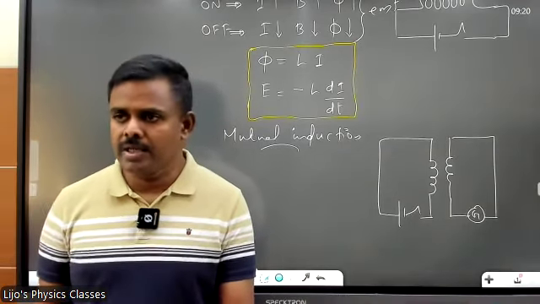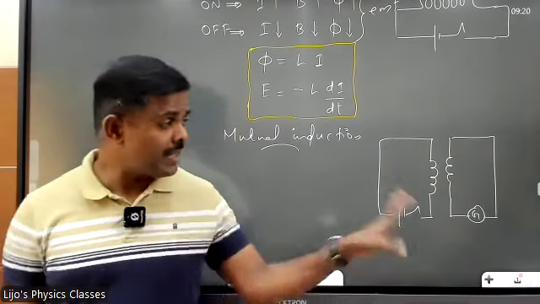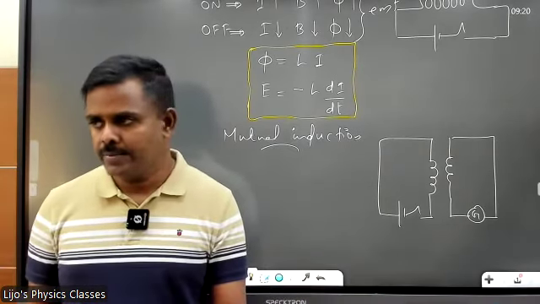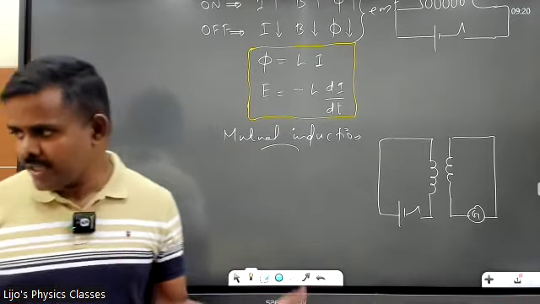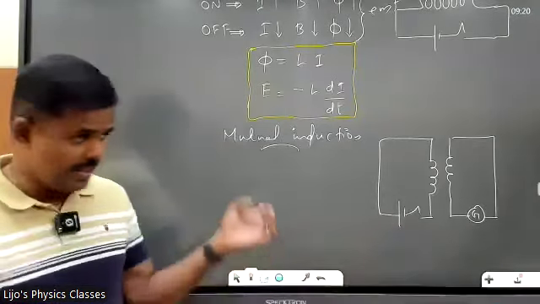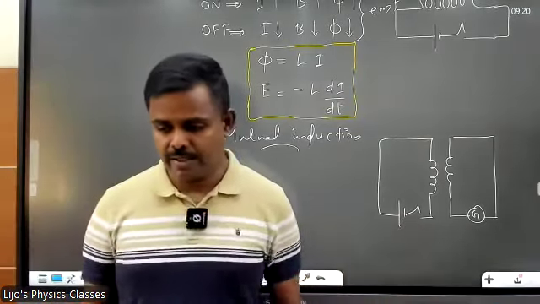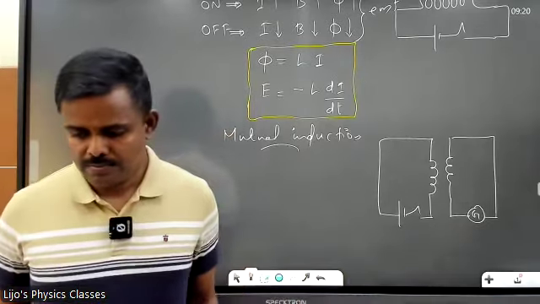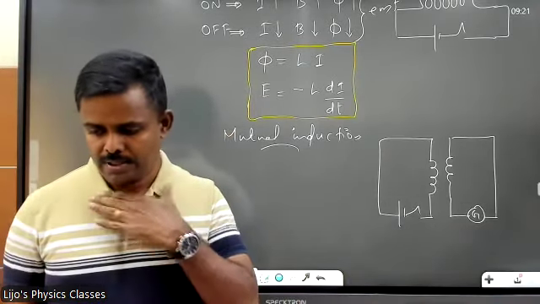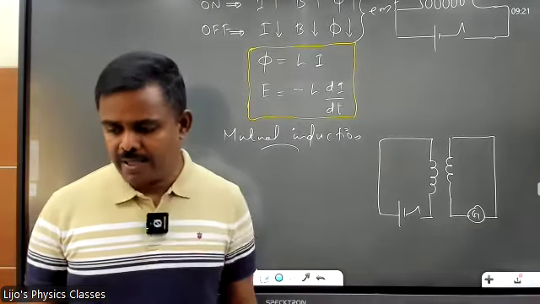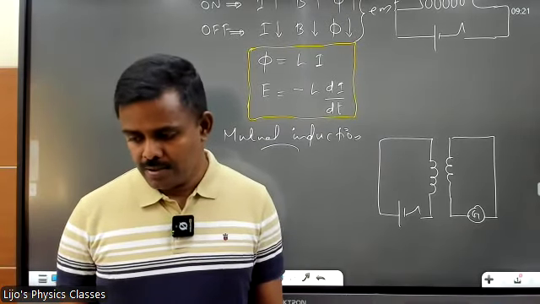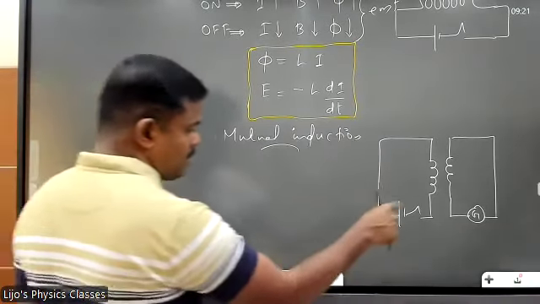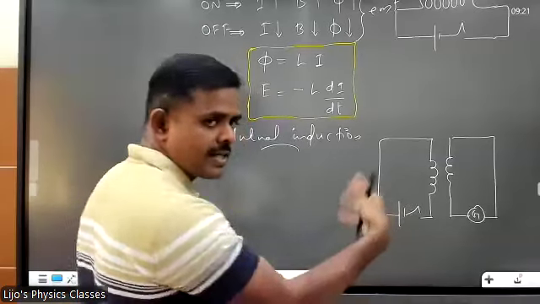So where is the current given? Current is given in the primary. Where do you see the changes? In the secondary. For something that's happening in the primary, you see the effect on the secondary. Primary current is changing. You're switching it on. The moment you turn it on, current starts picking up, right?